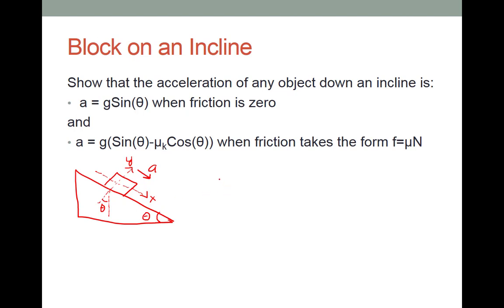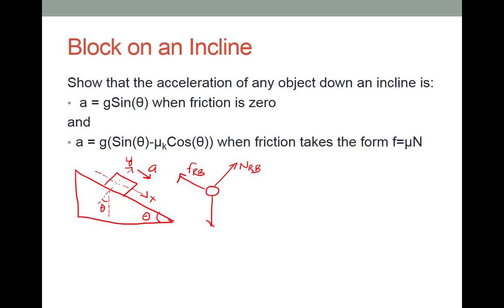If I look at the free body diagram for this block, I have the normal from the, I'm going to call it a ramp so that I have an R instead of an I here, the ramp on the block. I have the force of friction from the ramp on the block, and the normal force points along our y-axis, the friction points along the negative x-axis.